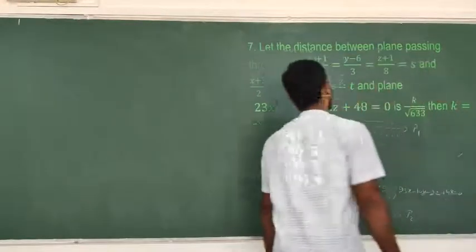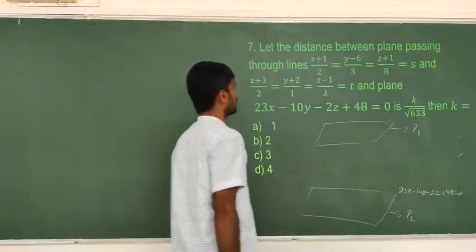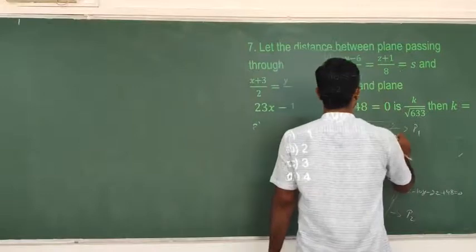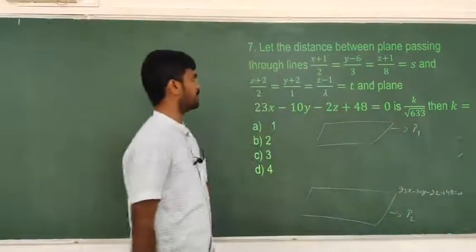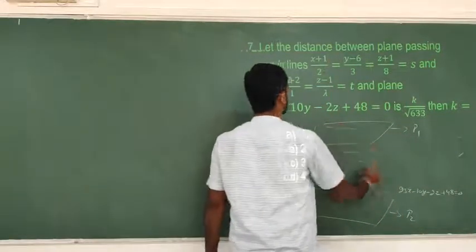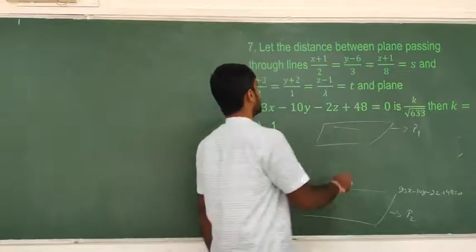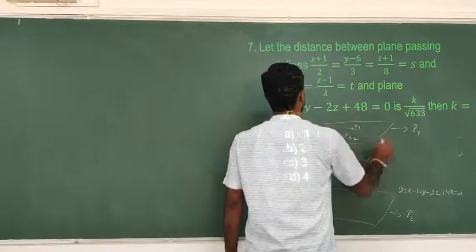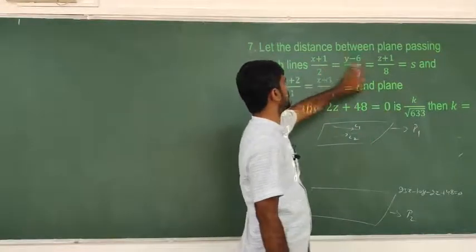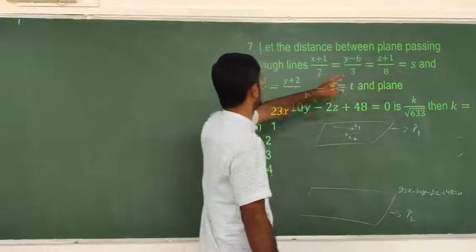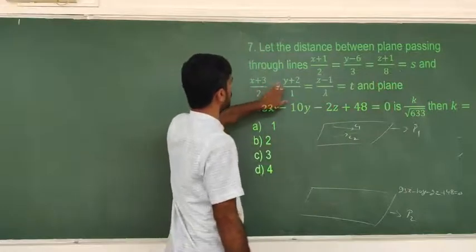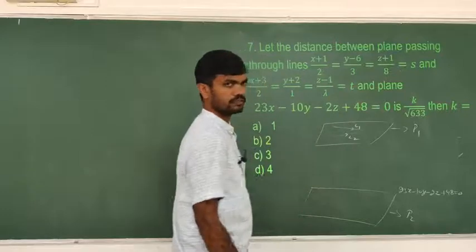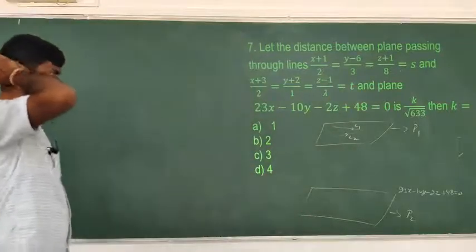We don't have any equation for plane P1, but here two lines are there. Call them line L1 and line L2. L1 is (x plus 1)/2 is equal to (y minus 6)/3 is equal to (z plus 1)/8 is equal to s, and L2 is (x plus 3)/2, (y plus 2)/1, and (z minus 1)/lambda is equal to t. Okay, so these are the two lines.